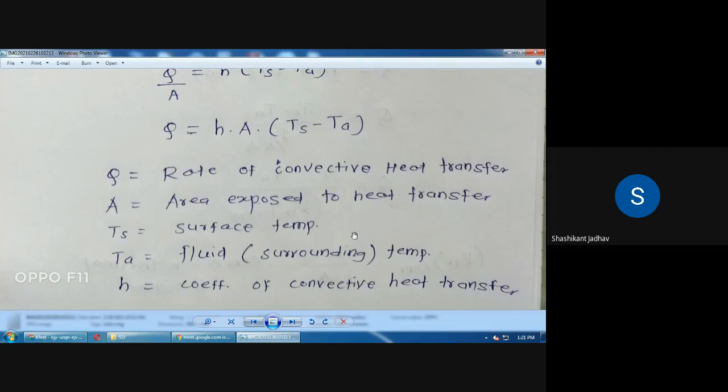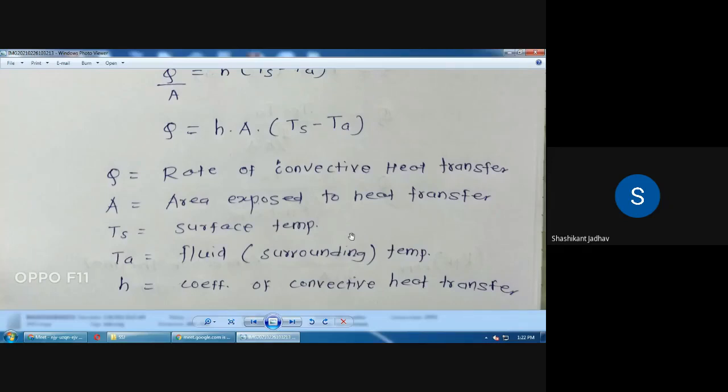We know the unit of K, thermal conductivity, is watt per meter degree Celsius. Then what is the unit of H, the heat transfer coefficient related to convection? Someone has put the answer: watt per meter square Kelvin. So the answer is watt per meter square Kelvin.